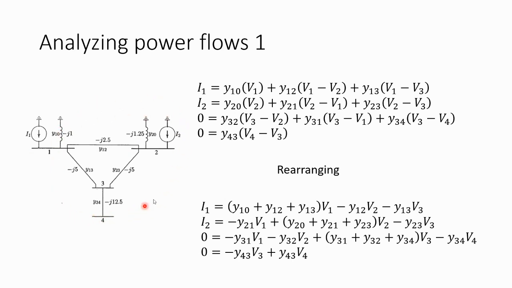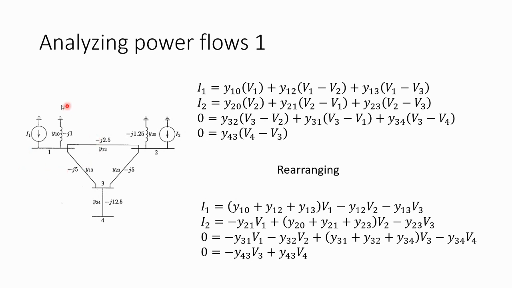To begin our analysis, we need to recall Kirchhoff's current law, which you all learned in Circuit Analysis 1. Kirchhoff's current law says that the sum of all the current entering a particular node is the same as the sum of all the current exiting that node. Instead of nodes, in our power network we now have buses, given to us as bus 1, 2, 3, and 4.